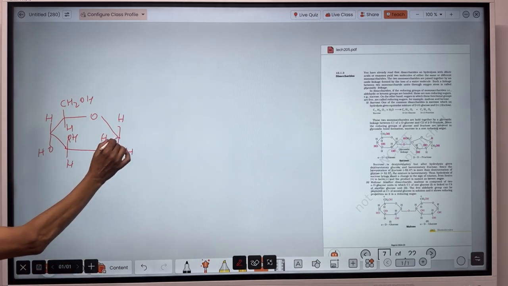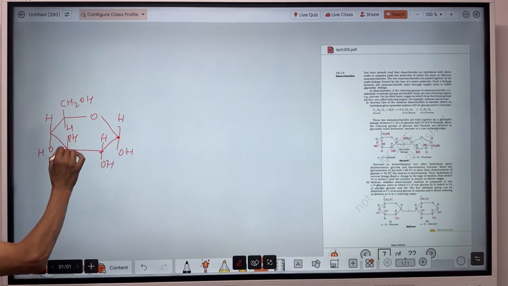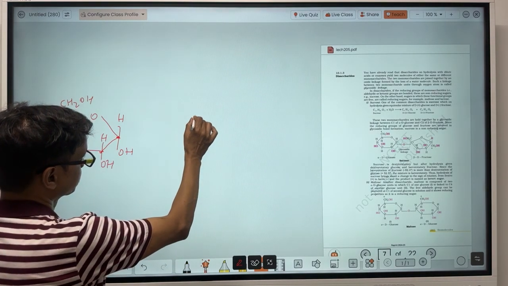Measure carefully, guys: here it is the first carbon, here the second carbon, here the third carbon. So at the third carbon atom only, OH is towards the above side. Now beta D fructose. So this is the beta D fructose structure.